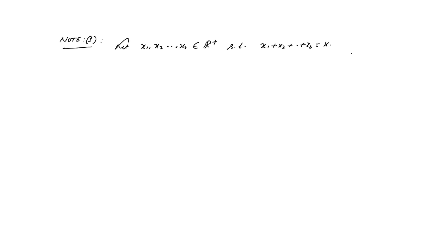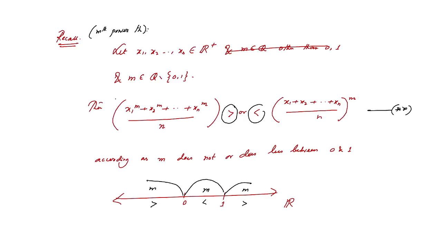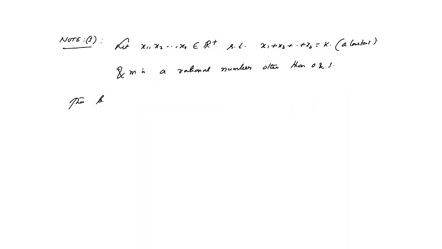Obviously k is a positive constant. And m is a rational number other than 0 and 1. Then if we use the above inequality, the mth power theorem, then by double star what can we write?